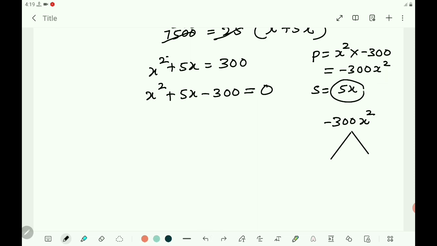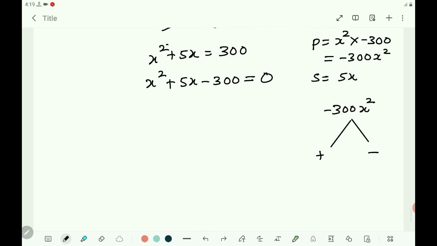The greater factor is having the sign of the middle term, that is the sum, plus minus. And here we have to factorize 300. You know that 20 into 15, 20x into minus 15x, 15 into 20 is 300.